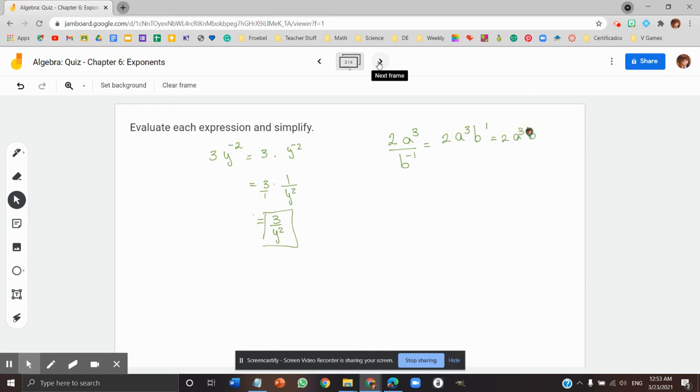Now, why don't I add the exponents of 3 and b? Well, because they have different bases. And I can only add the exponents if they have the same base. If they have different bases, I cannot add them. So if I have a to the 3 times b to the 2, then it stays as a to the 3 and b to the 2. I cannot add those exponents, right? They have different bases. That was just a reminder there.